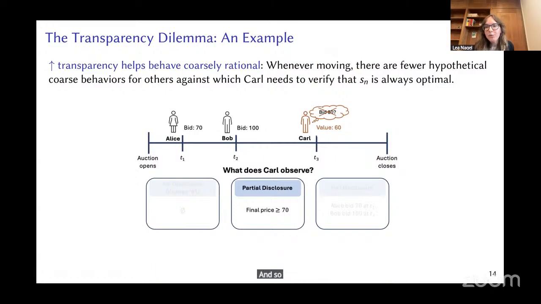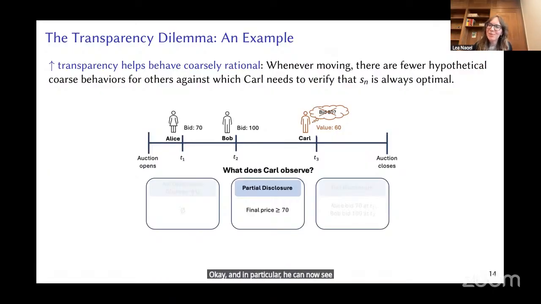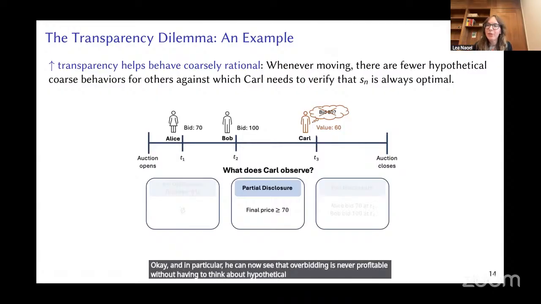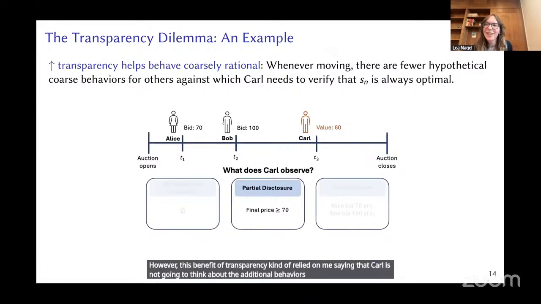And so if Carl was planning to overbid above his value, then this is now going to place him into the contingency where overbidding is never profitable. In particular, he can now see that overbidding is never profitable without having to think about hypotheticals, just thinking about the contingency that we placed him in specifically. However, this benefit of transparency relied on me saying that Carl is not going to think about the additional behaviors that are generated with this information that is being revealed.